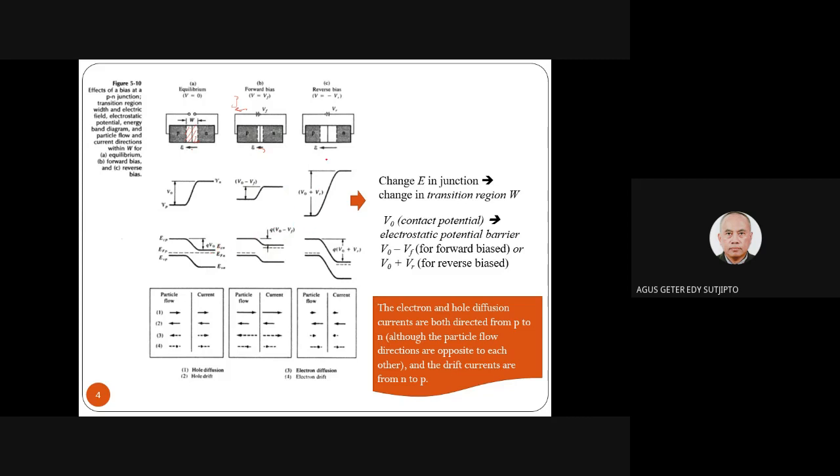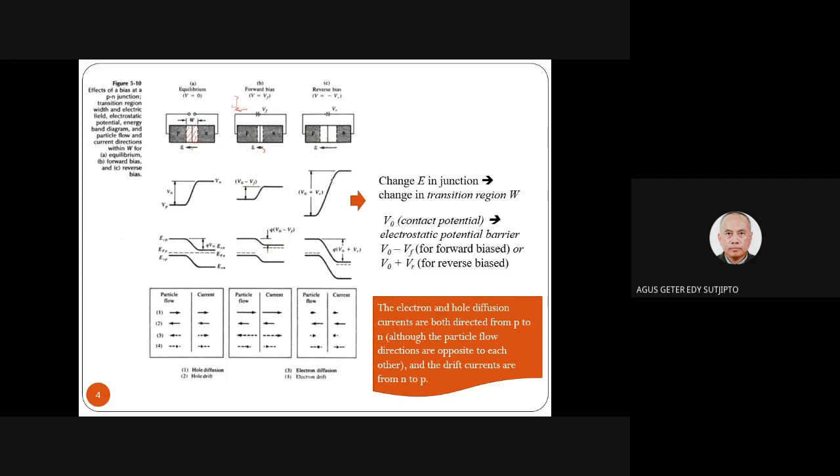And then when we apply the reverse bias, with the positive terminal to the N and the negative terminal to the P, the electrons from the N region are attracted to the positive terminal. So the depletion region will be wider than in equilibrium. The widening of the depletion region will not allow electrons or holes to cross the junction.